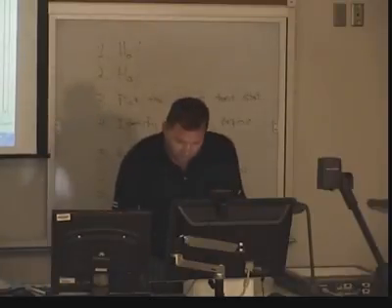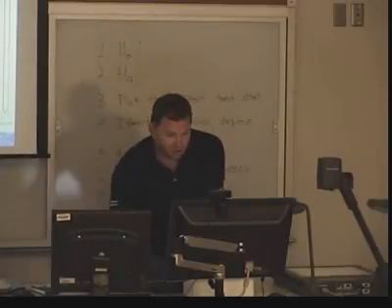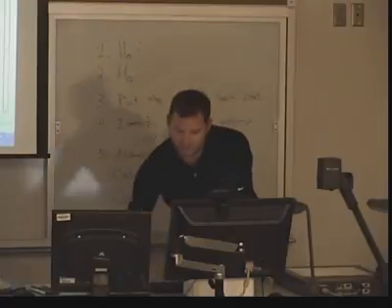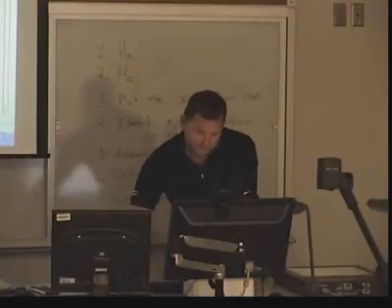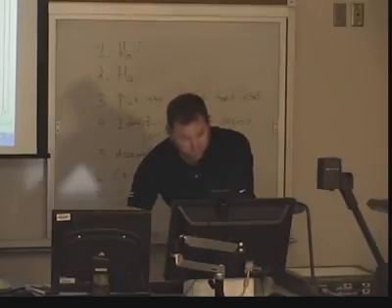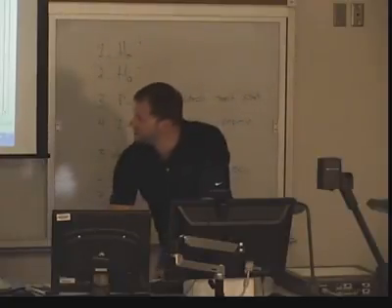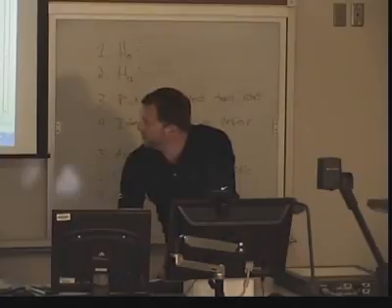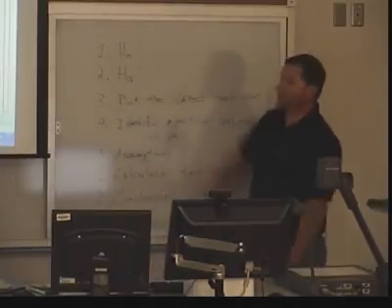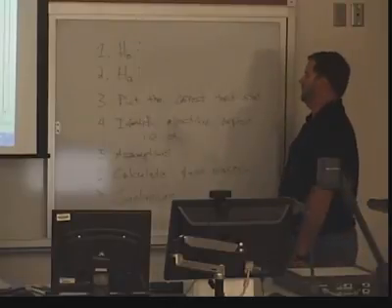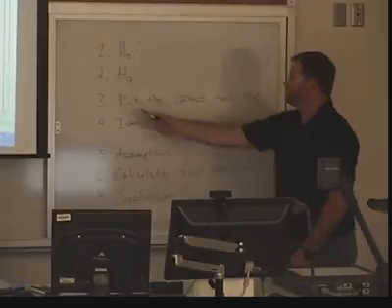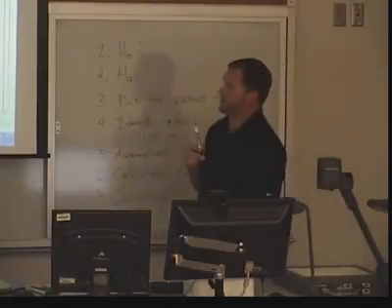The null hypothesis is the presumption that the drug-injected rats have the same mean response time, and then the alternative would be that they don't have the same. So there's the setup. H naught and HA. So we've done step 1 and step 2. Step 3 is pick the correct test statistic.